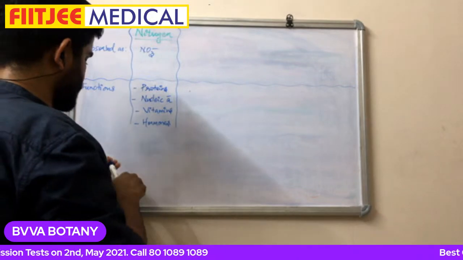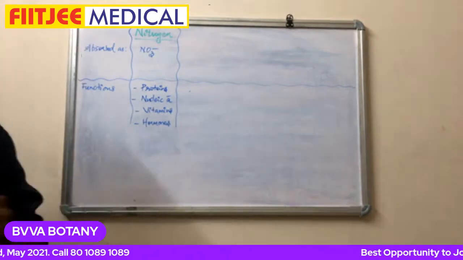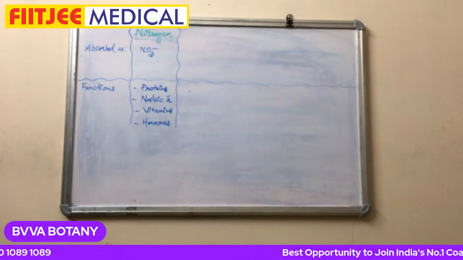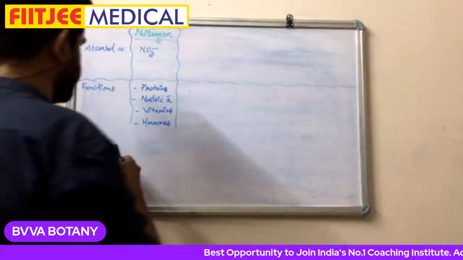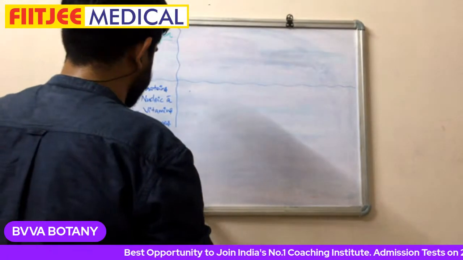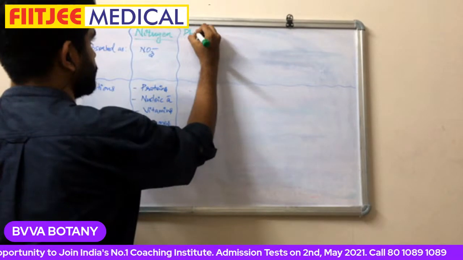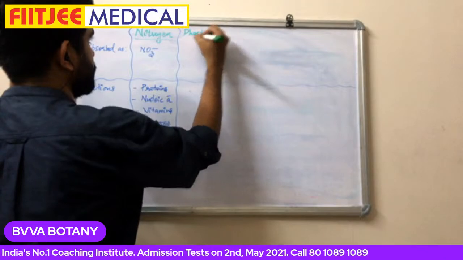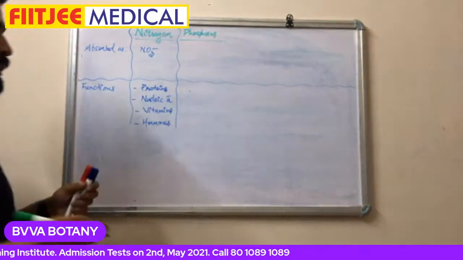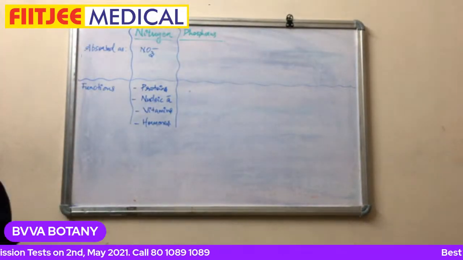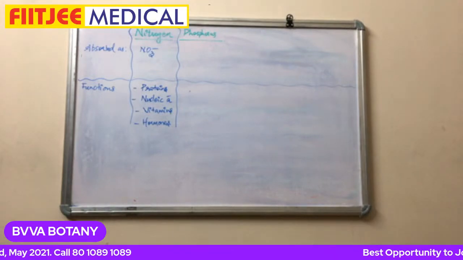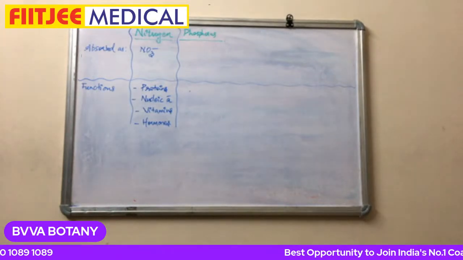Then next is phosphorus. Phosphorus is absorbed as phosphate ions, in the form H2PO4 minus or HPO4 2 minus.